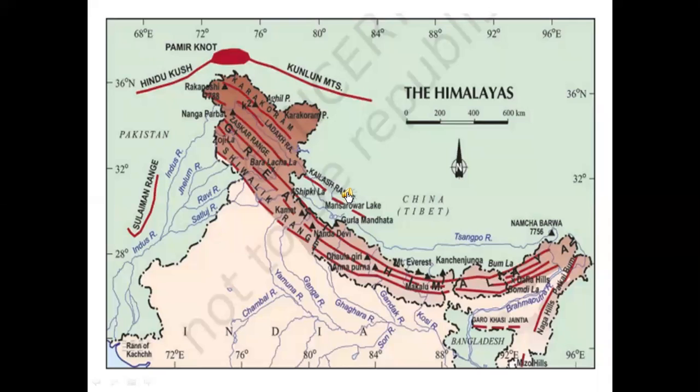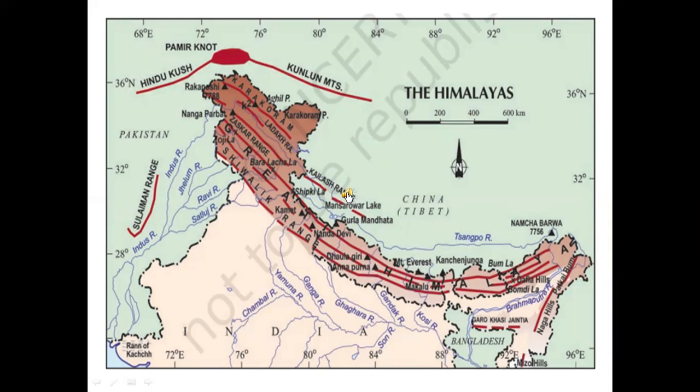Now here you can see the northern part of our country's map, where we can clearly see the Himalayan mountains. As I told you before, the Himalaya consists of three parallel ranges in its longitudinal extent. The northernmost range is known as the Great or Inner Himalayas, also known as Himadri.